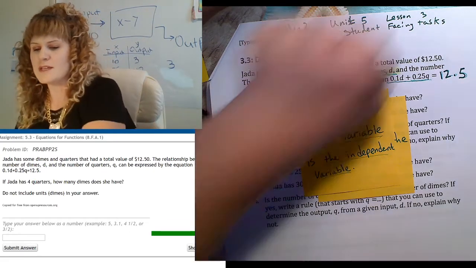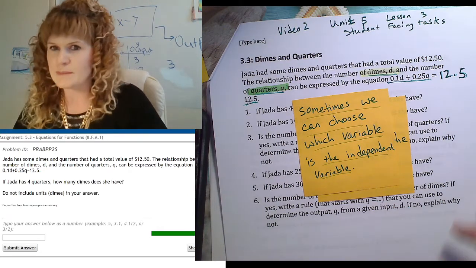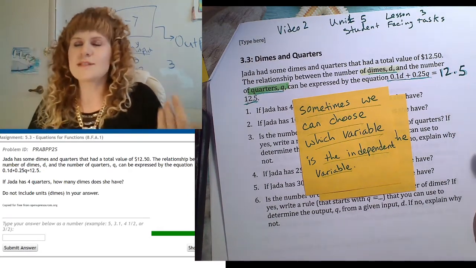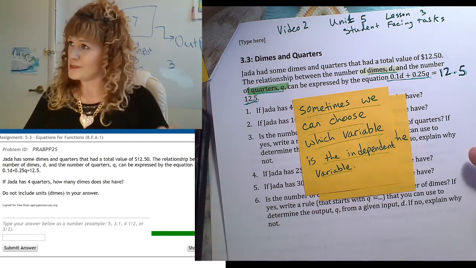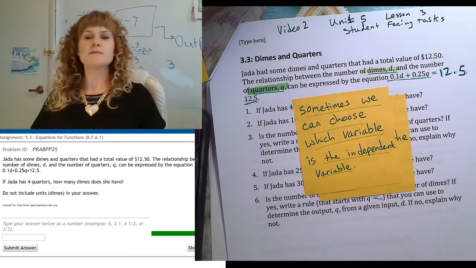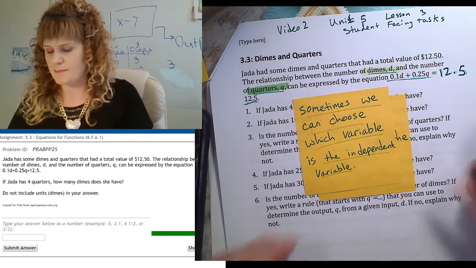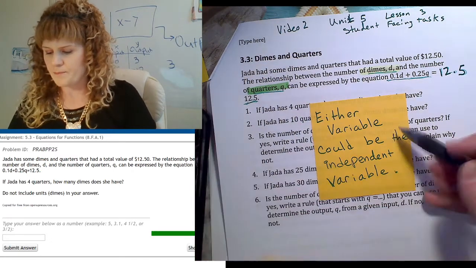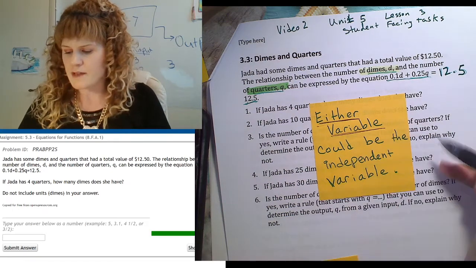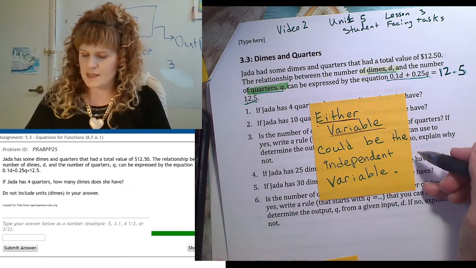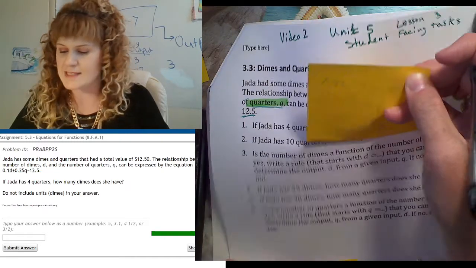Which one do you think is going to be independent and which one do you think is going to be dependent? Well, does the number of dimes depend on the number of quarters? Does the number of quarters depend on the number of dimes? Sometimes you can choose which one you're going to use as the independent or dependent variable. Because sometimes either variable could be the independent variable. Sometimes either one of them makes sense as the independent.